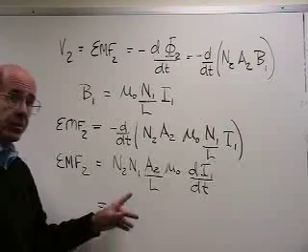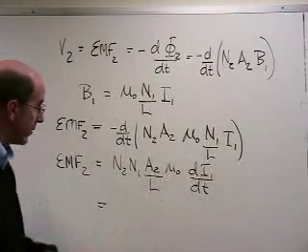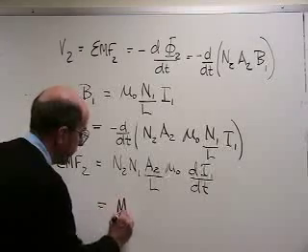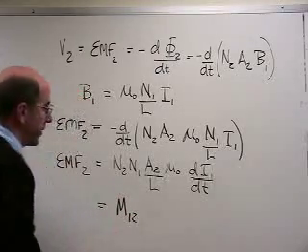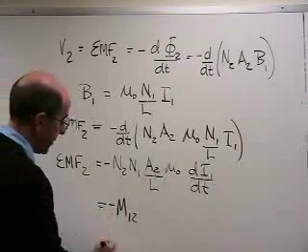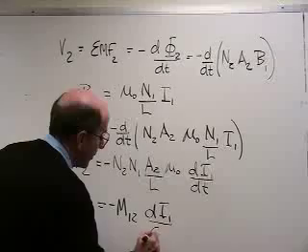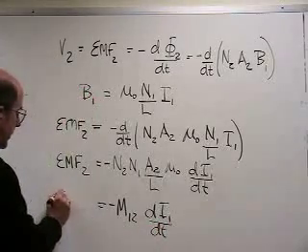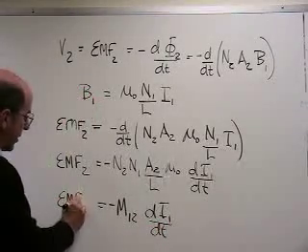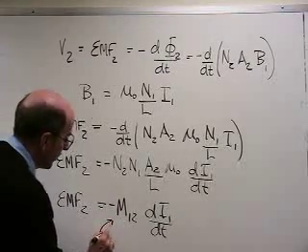We often use devices or setups like this, and this quantity here is called the mutual inductance between coil 1 and 2. Let's see, I left out a minus sign there. There's a minus sign here, and this is dI1 dt. So this is the mutual inductance.